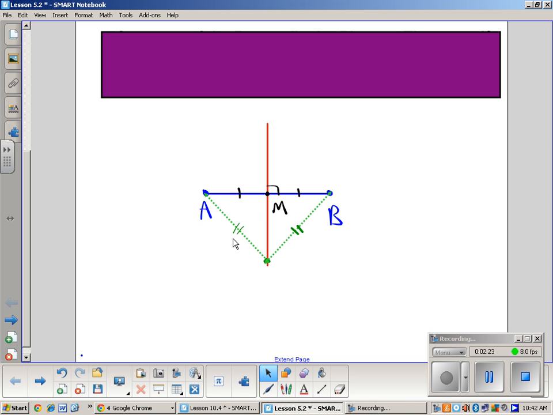Those distances are going to be equal. Doesn't matter which point you pick. If it's on the perpendicular bisector, it's going to be equal distance from the endpoints. Any questions on that?